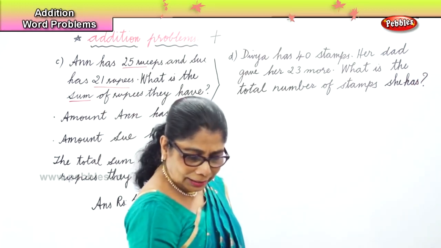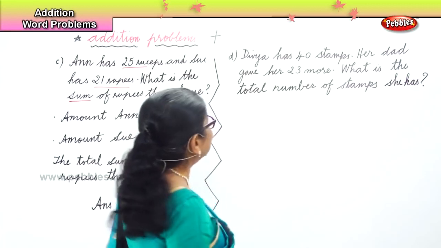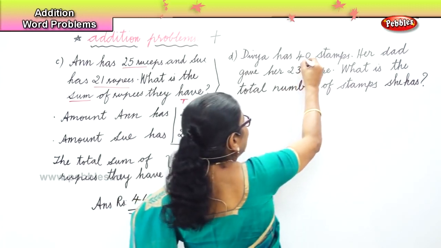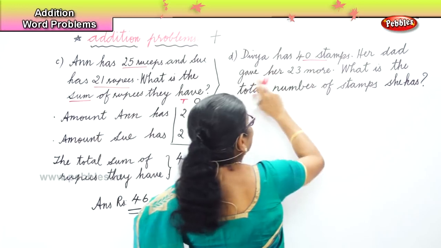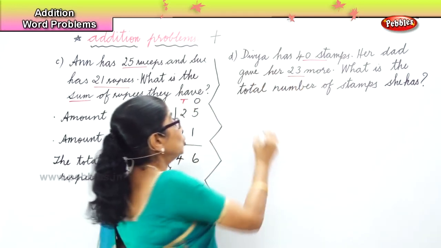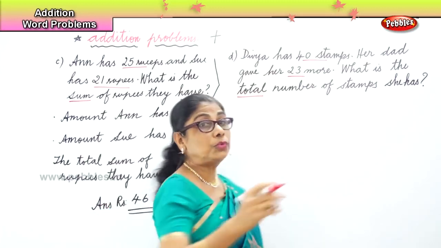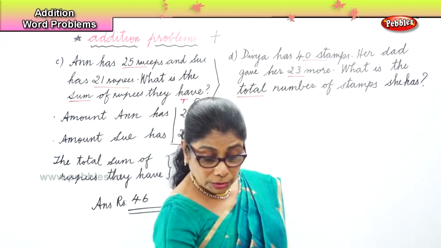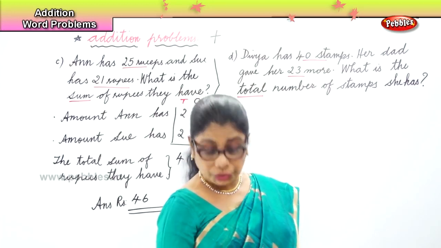Now we need to understand the story here. Divya has how many stamps? 40 stamps. Her dad gave her 23 more. What is the total? When you see the word total, it means addition.